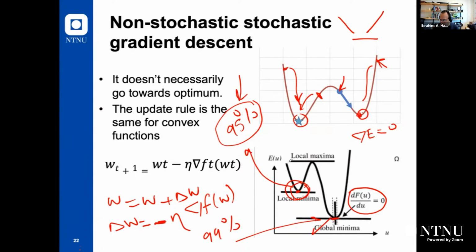In this case, maybe one time you are starting from here, you reach this 95%. If you are starting from here, you reach the solution. If you are here, you will reach 99%. And if you can see that your model can achieve better accuracy, it means that you still have some global minima which you didn't explore. So you need to try to run your system using different random sets.